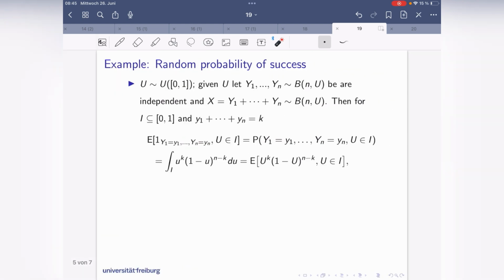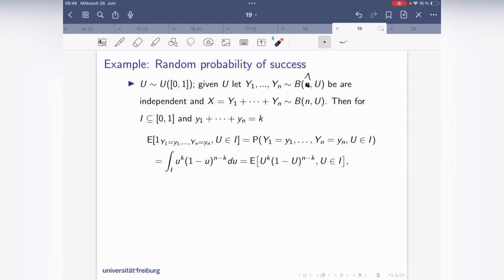Let's make an example. What I also mentioned at the beginning, the random success probability. Here I have, as already seen in the previous talks, a random success probability called U, which is uniformly distributed on 0, 1. Let Y_1 to Y_n be all independent, but that's not right. This n here must be a 1.